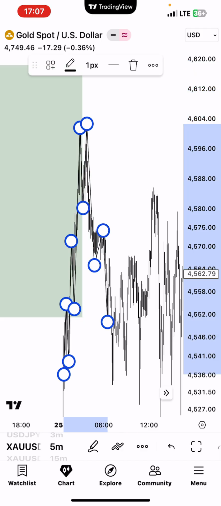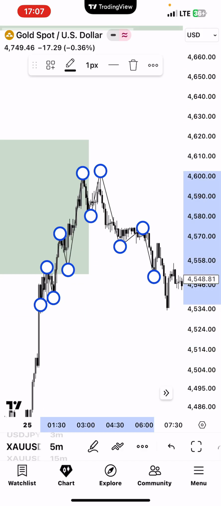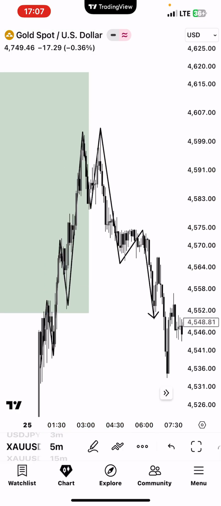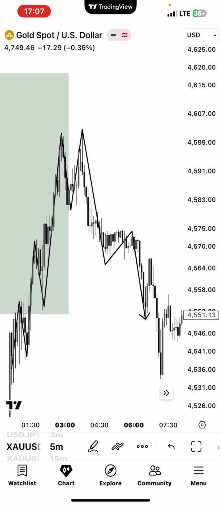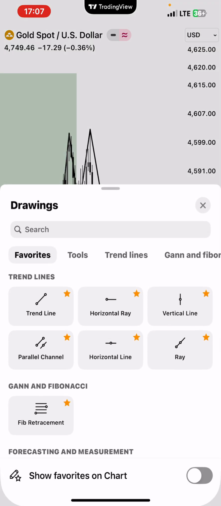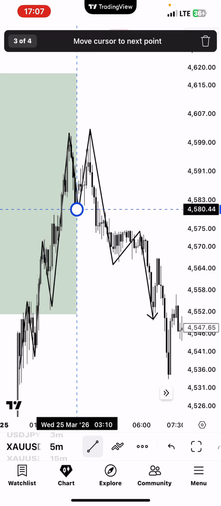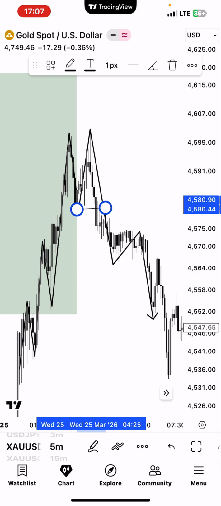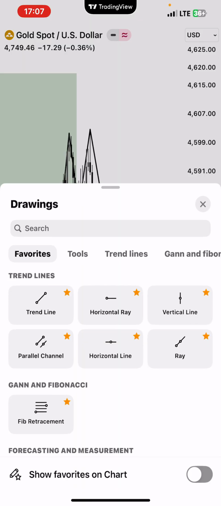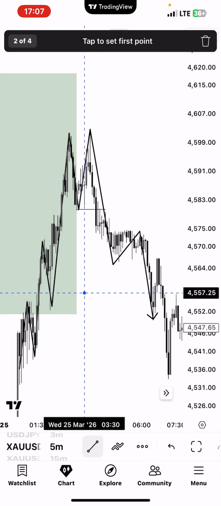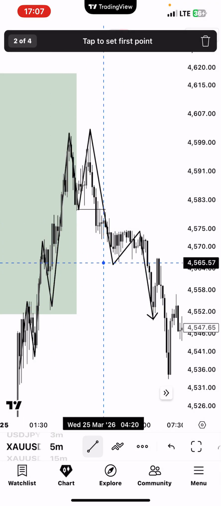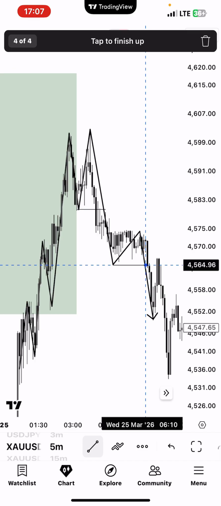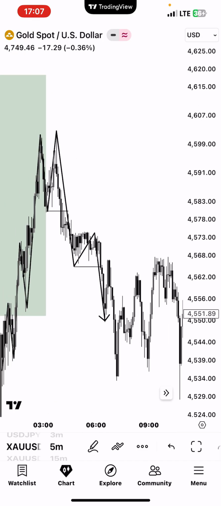This is the zone, so let's tick in here so we can see it clearly. Can you see that? I've seen break here 1. Break here 1. This is break here 2. Now this is also break here 2. So whichever one you want to use is up to you.